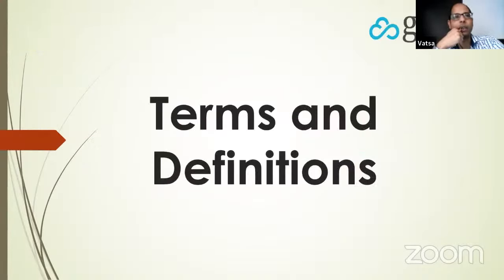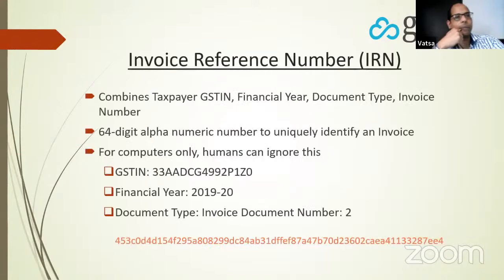Let's go over a few terms and definitions. The most common term that you will hear in e-invoicing is the invoice reference number. This invoice reference number is 64 alphanumeric characters long. You can see an example at the bottom of the screen.